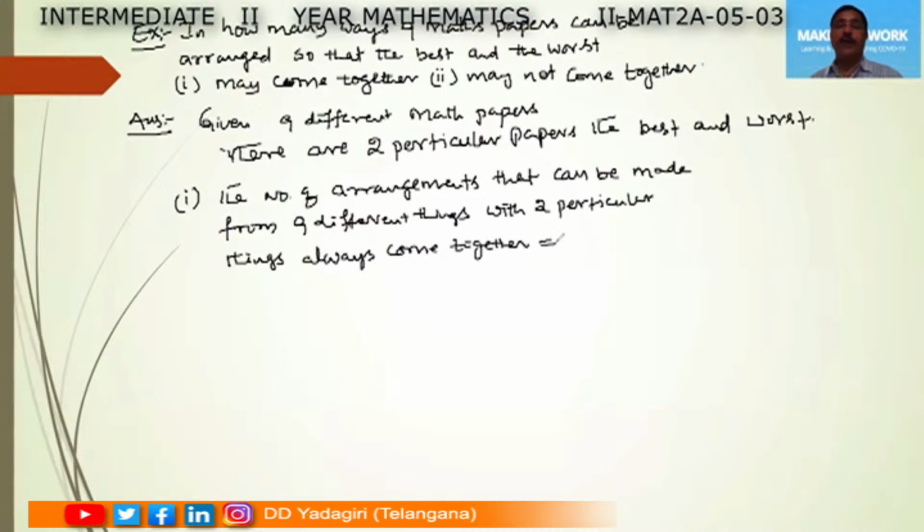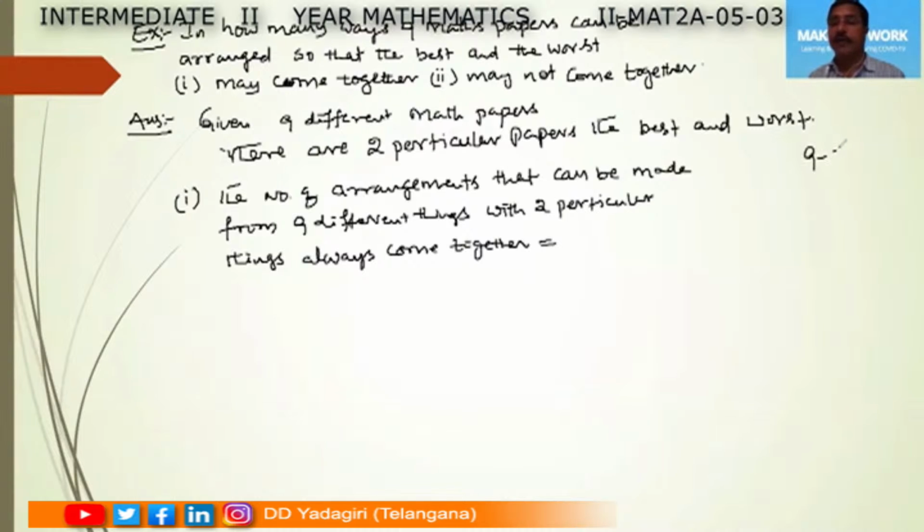So in arrangements, when some particular things are to come together, we have to consider them as one thing. This is very important. When some particular things are to be arranged together, we have to consider them as one unit. Now, in these 9 things, if 2 particular things are considered as one unit, then the total number of things will be 9 minus 2 plus 1. 9 things are given.